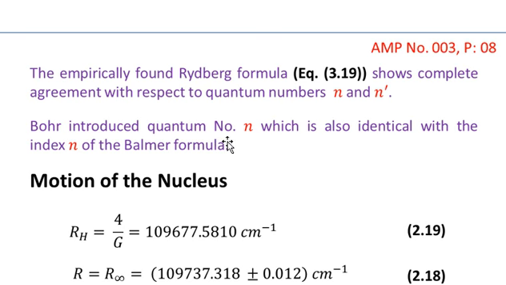Bohr introduced quantum numbers n, which is also identical with the index n of the Bohr formula. So now we can identify that in the Bohr formula, the indices n and n prime are actually the quantum numbers n and n prime suggested by Bohr's atomic model.